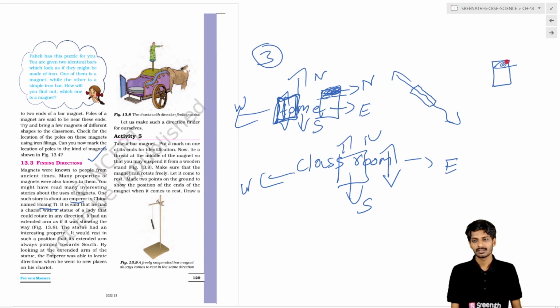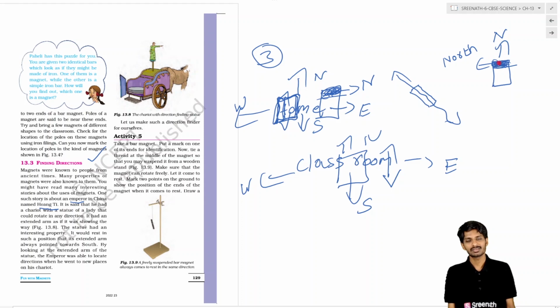You have marked the one end, or one pole, of your magnet which is lying in the north direction. Then we call this the north pole. Basically what you have done here is marked the pole which is showing the north direction in your home.